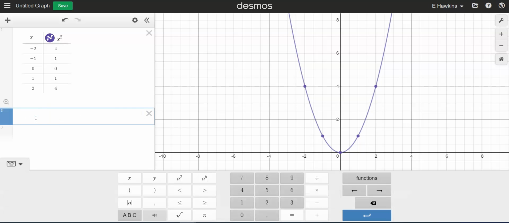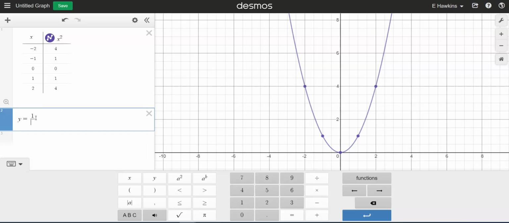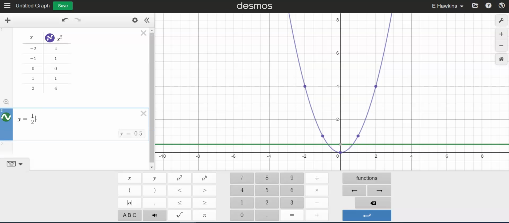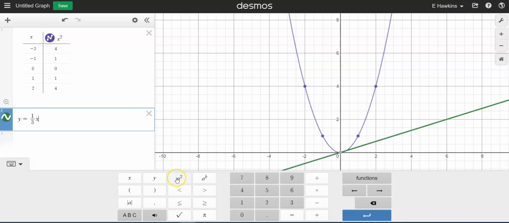So if we do a compression, let's say y equals 1/2, or let's say 1/3, something we don't normally do, x squared.